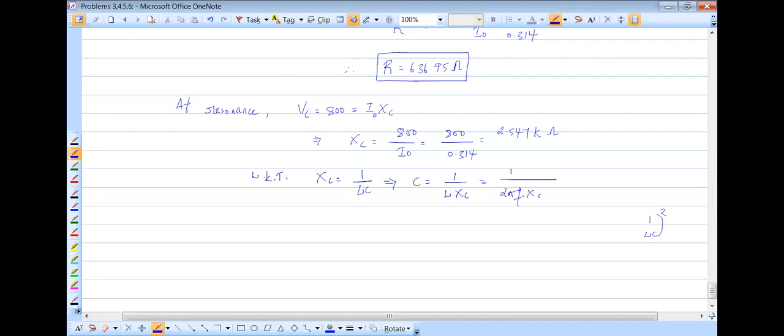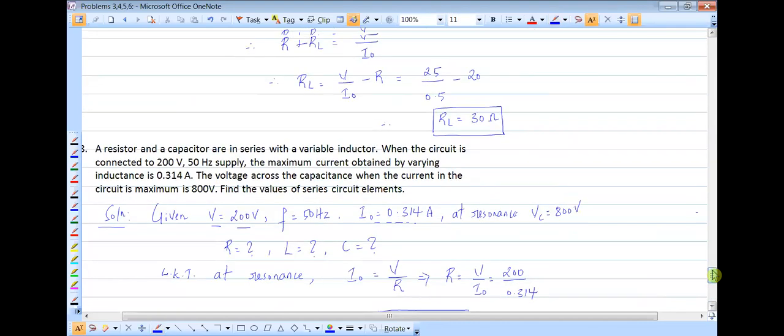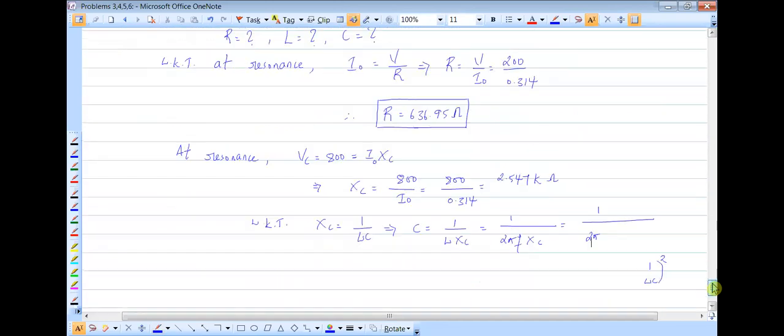Let's not write F naught because L is the variable. Now if you substitute these parameters, what is F given as? It's a constant. F is given as 50 hertz.